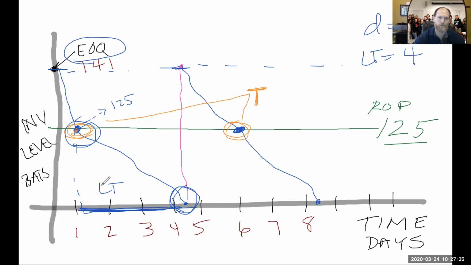Again, don't confuse the two. Luke orders it, he gets it 4 days later. At the same time, there's 5.6 days between one order to the next. Okay, so that's how all these tie in together.